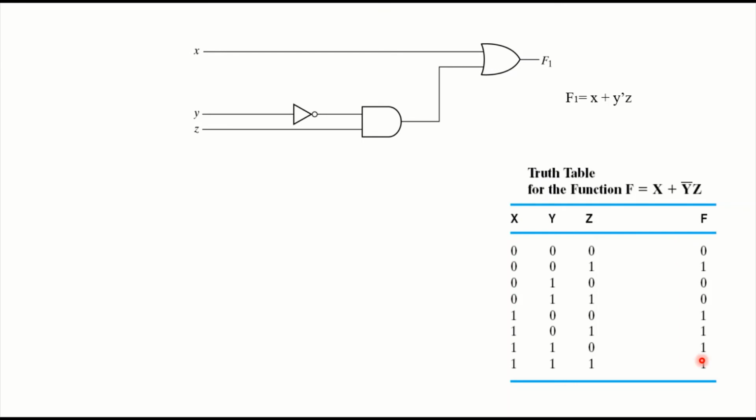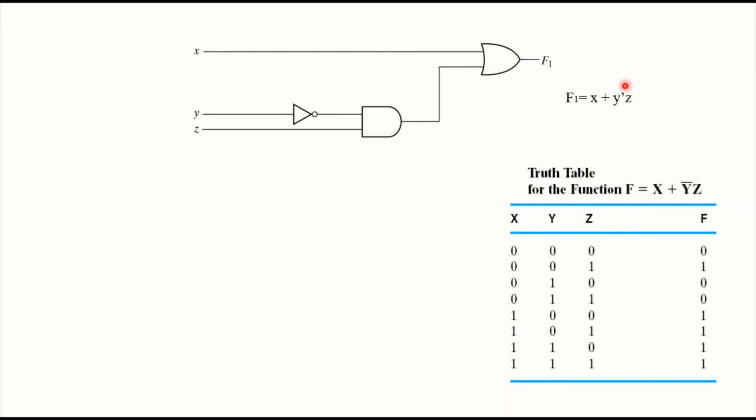The other method to calculate this output is by logic. From this Boolean function we can see that if x is equal to 1, we can apply the logic: f1 equal to 1.